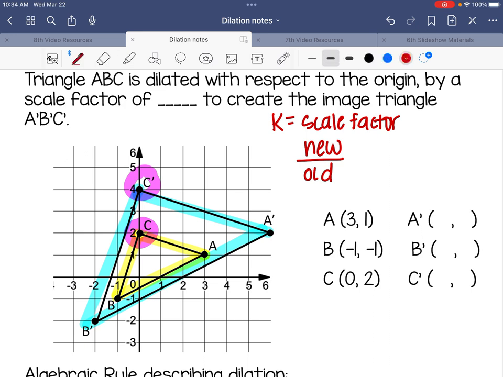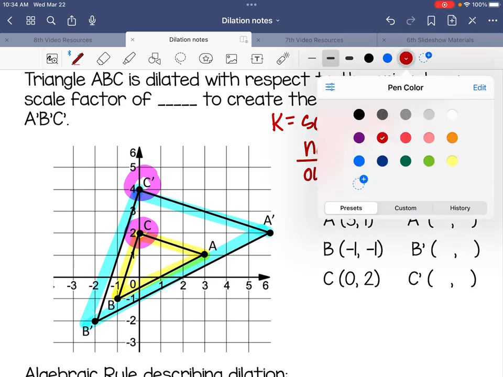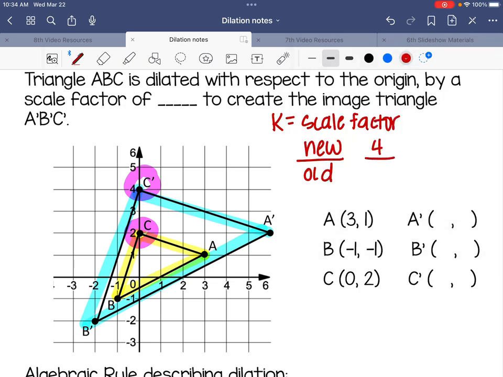So I see that point C has a y value of 2, and point C prime has a y value of 4. My old y value was 2, and I know 4 over 2 simplifies to a positive 2. So my scale factor is a positive 2.